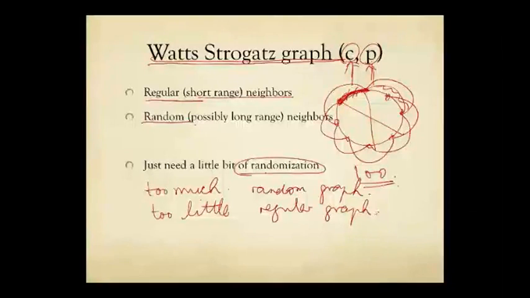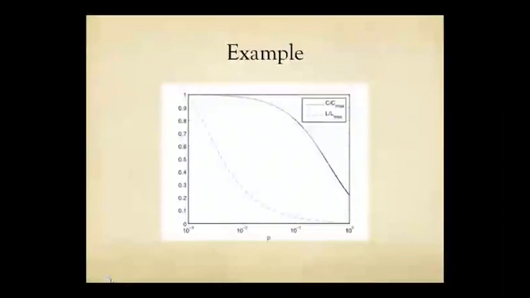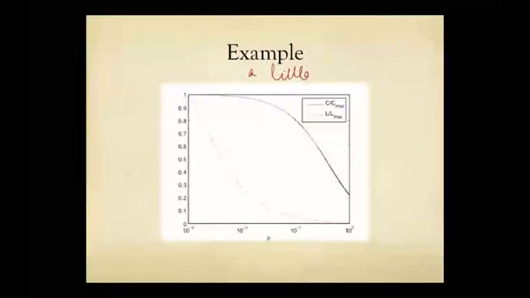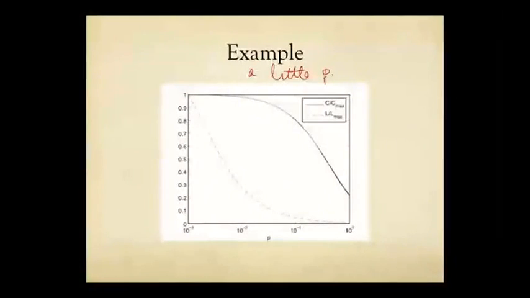And then the clustering coefficient would be large enough, but L, our median distance between node pairs, would not be small enough. As it turns out, a little bit of randomization, a small p, suffices.